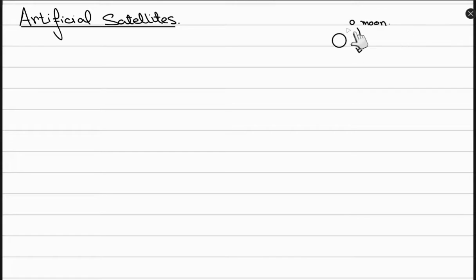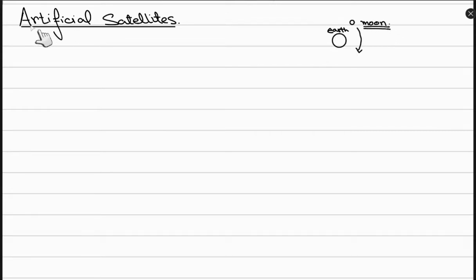So anything that orbits the Earth, this is the Earth, let's write it down, is basically naturally orbiting the Earth. No human made this moon, right? It was made by nature, and it's naturally orbiting the Earth. So this moon is defined as a natural satellite of the Earth.